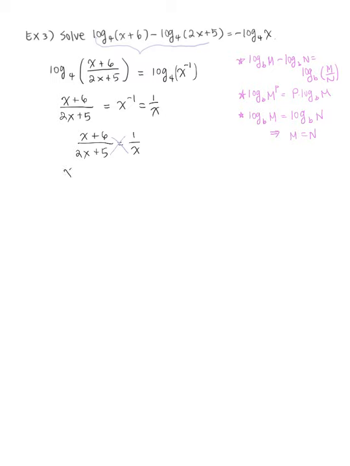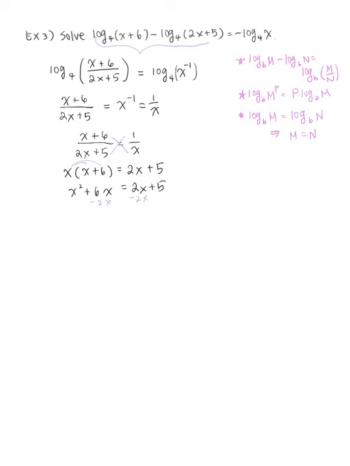So if I cross multiply, I'm going to have x times x plus 6 equals 1 times 2x plus 5. So that's just 2x plus 5. All right, looking good. Now I'm going to distribute the x. We get x squared plus 6x equals 2x plus 5. All right, now I'm going to subtract 2x. And might as well just bring the 5 over as well.